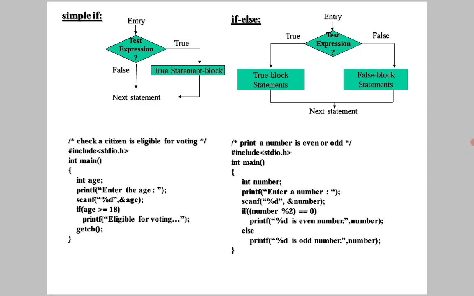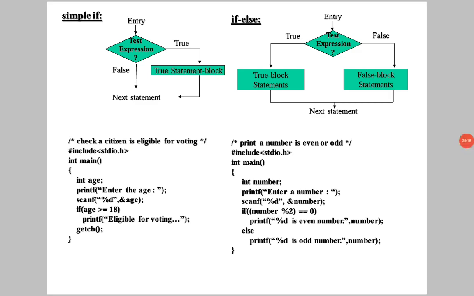If the given condition is true, some statements are executed, and if it is false, another set of statements are executed. So these are the flowcharts and corresponding programs, and simple examples of how to use simple if statements in C language.